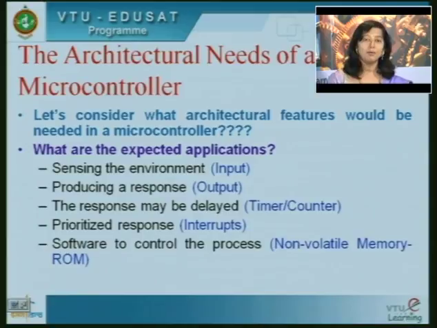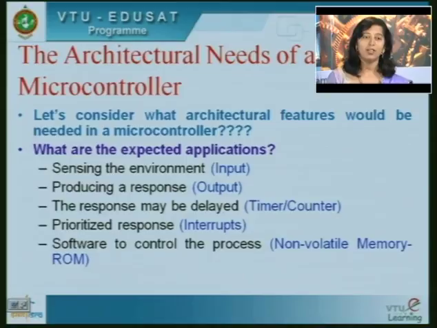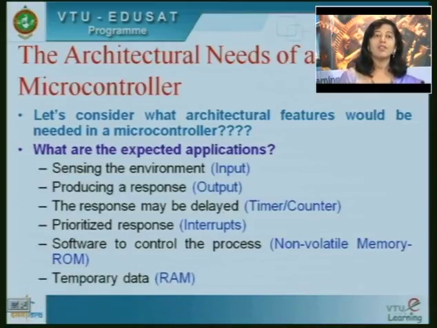Similarly, I am going to write some software or assembly level program to control this microcontroller, and where does that program sit? It should reside in some memory unit. So I have to put some non-volatile memory or ROM. It should not get erased as soon as I change. So surely we need ROM. Then the temporary data can be stored on a random access memory or volatile memory, we call it as RAM.